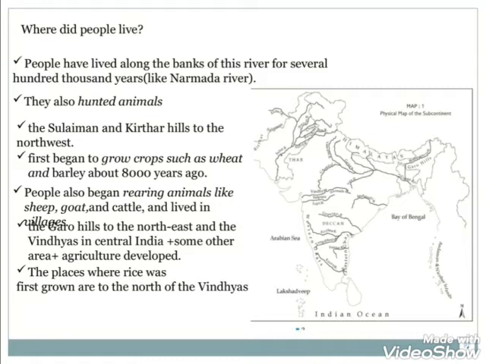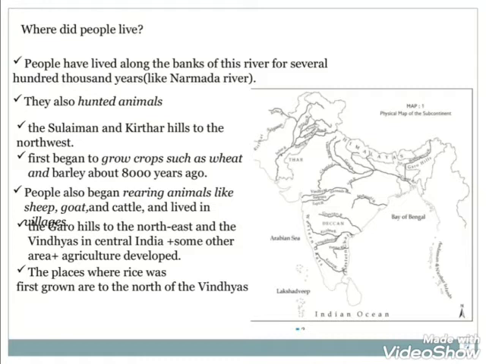About 4,700 years ago, some of the early cities flourished on the banks of this river. Later, about 2,500 years ago, cities developed on the banks of the Ganga and its tributaries and along the sea coast.